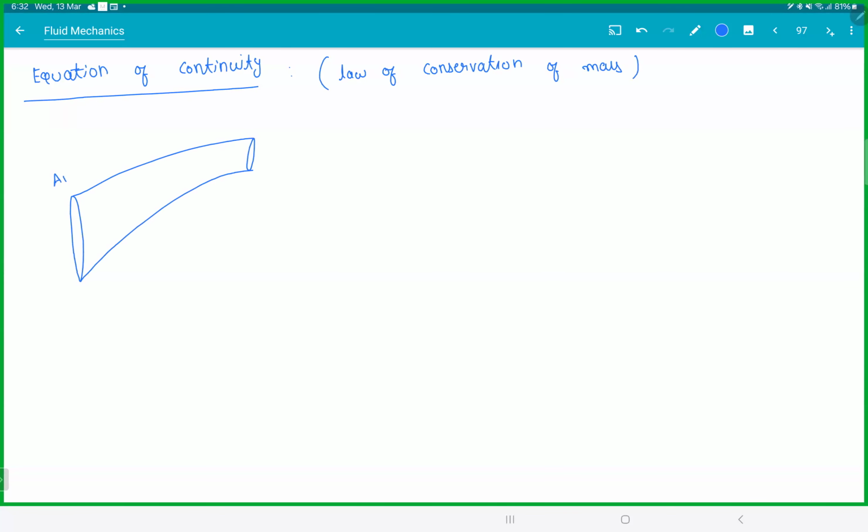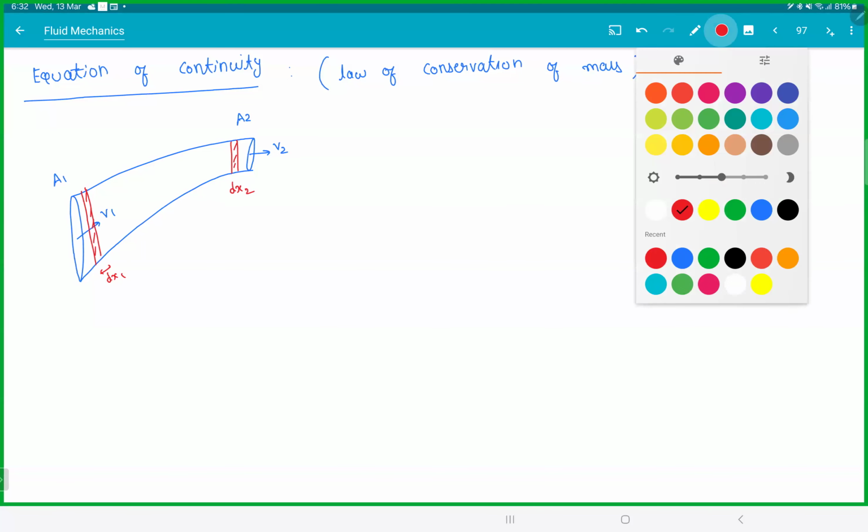So if this area is A1, liquid enters with V1. This area is A2, liquid comes out with V2. If you take a thin cross section here of dx1, thin cross section here of dx2, the mass entering should be equal to the mass leaving.